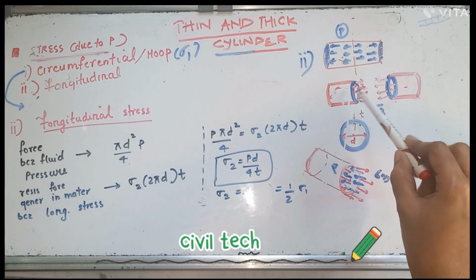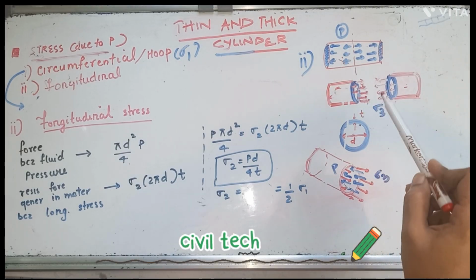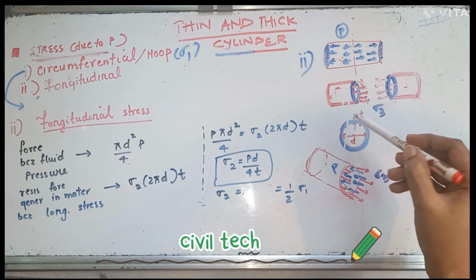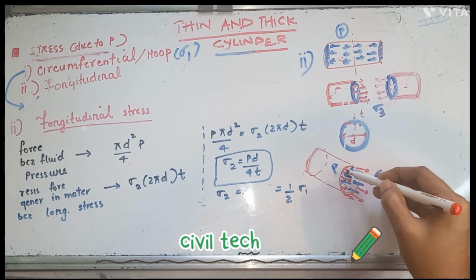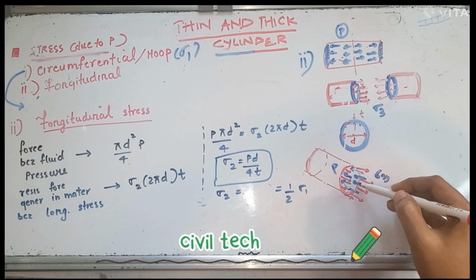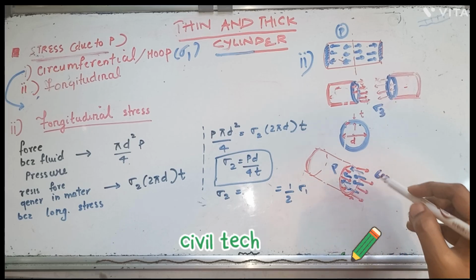Now the resistant force due to this longitudinal stress is generated in the material along the thickness. When we look along this thickness of the circle, it is acting outwards, in the opposite direction of the fluid pressure.